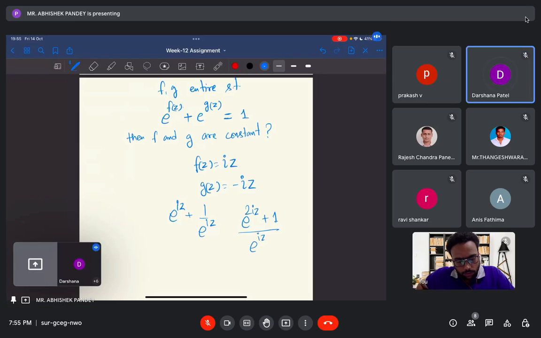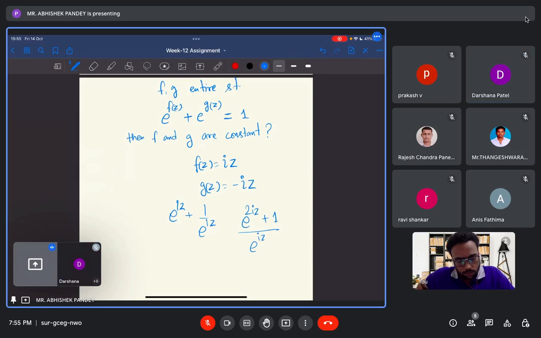If you can see this, it will basically be e to the power f(z) equals 1 minus e to the power g(z). f and g are entire.